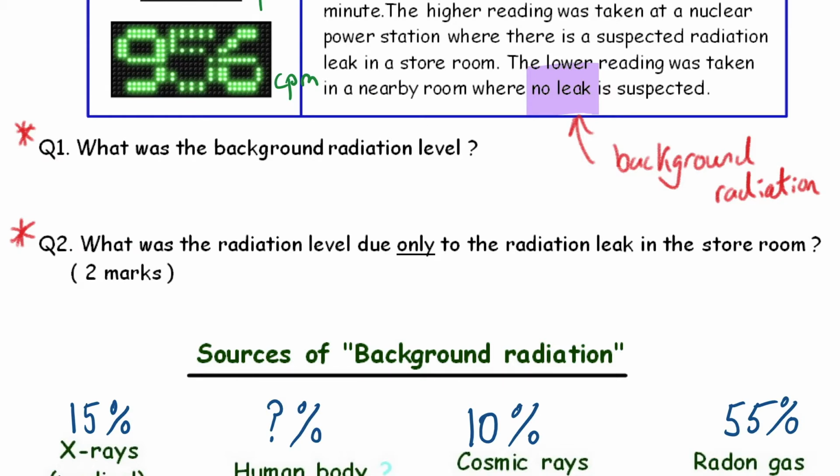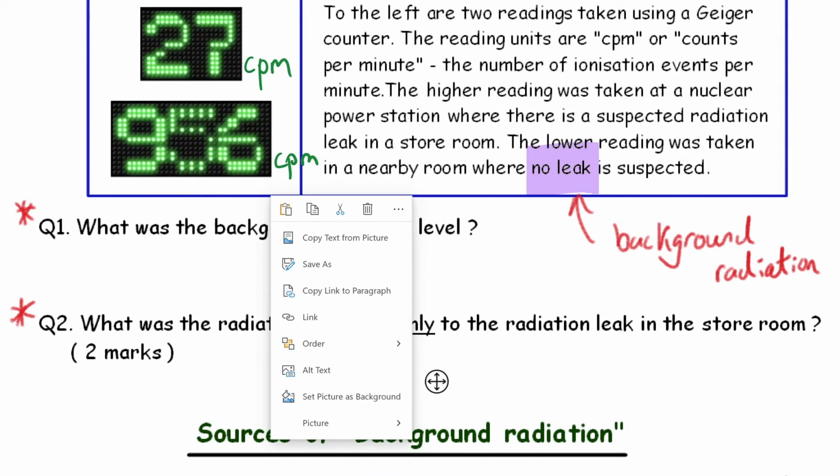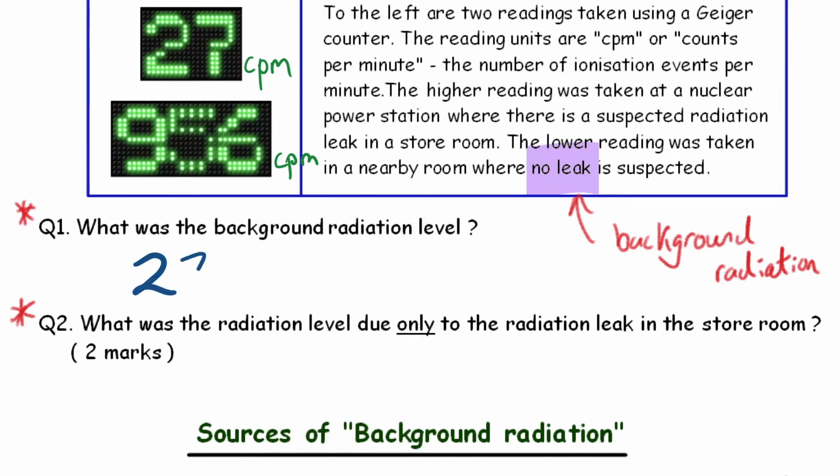Okay, so what you should have written down for question 1, background radiation level is 27 counts per minute, CPM. What was the radiation level due only to the radiation leak in the storeroom?